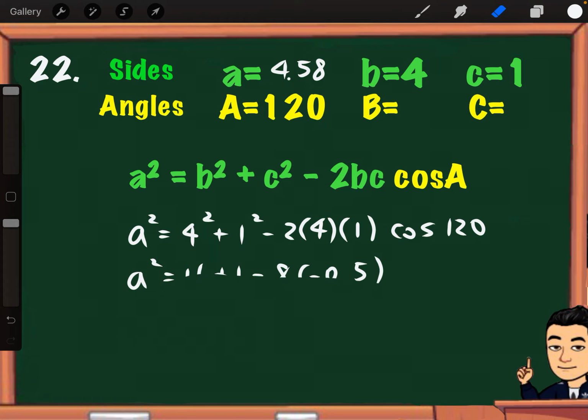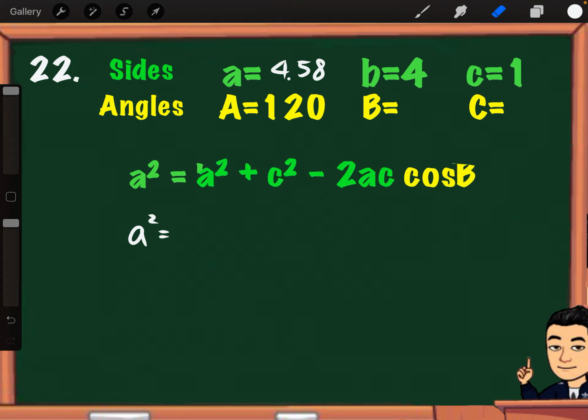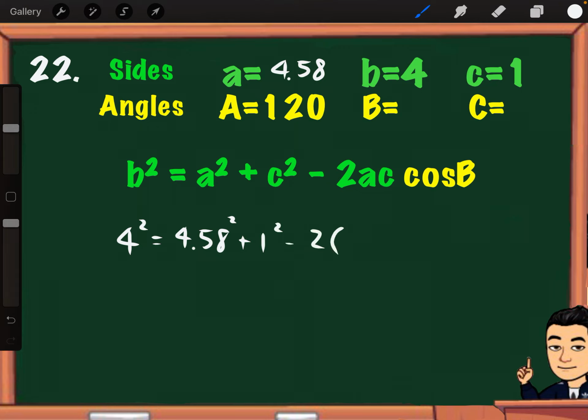Now we're going to solve for the angle B. So here is the formula I'm going to use. We know all the sides now. So we're going to put 4 squared equals 4.58 squared plus 1 squared minus 2 times A, which is 4.58, times 1, and then multiply by the cosine angle B. This is the one we're trying to solve.